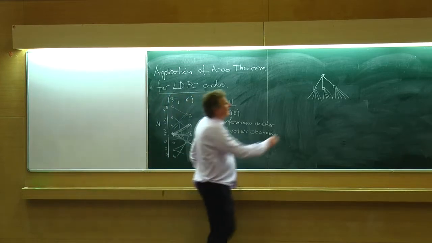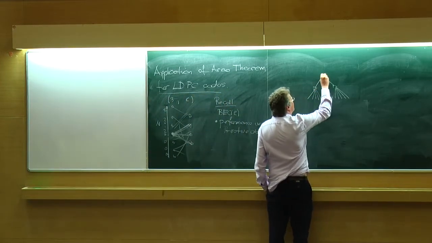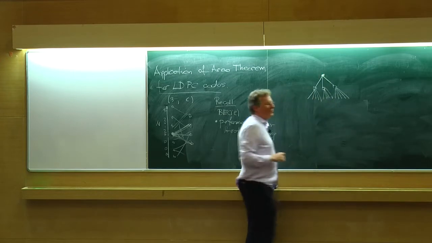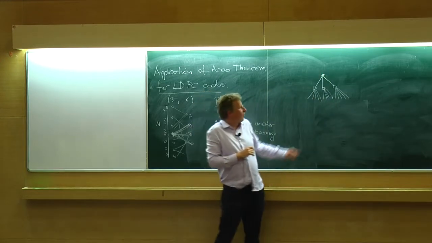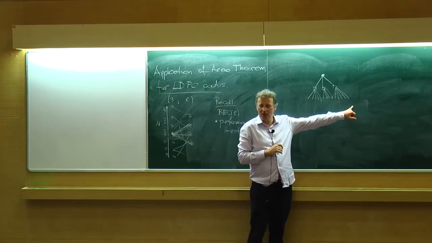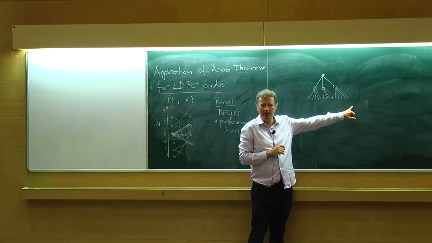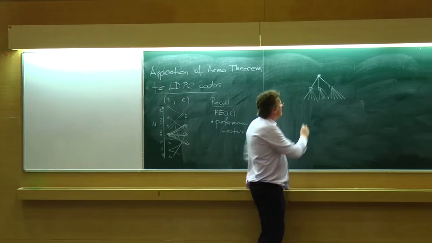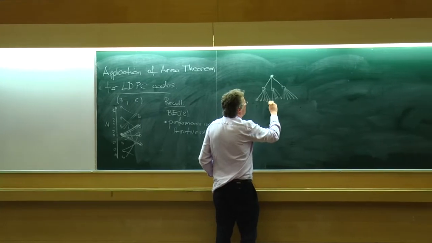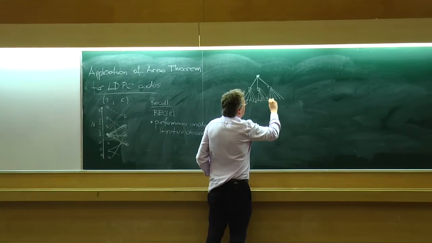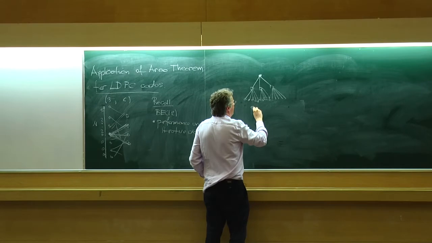So I'm interested in the value of this bit, and let's assume I'm not allowed right now to look at the bit itself. I want to know via the local code constraint what this bit is. Each of those bits is erased with probability epsilon.